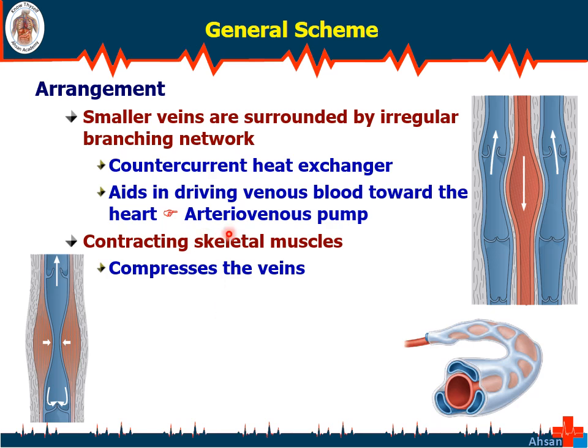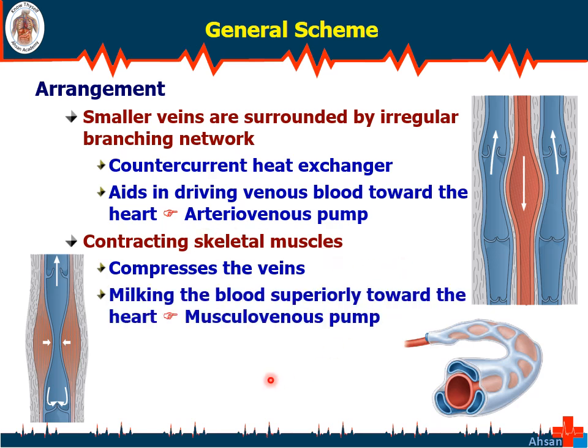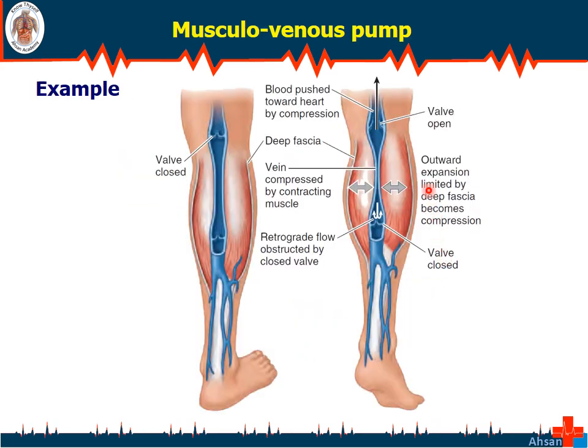So in this way, contraction of the muscle helps in flow against the gravity, and it is known as musculovenous pump. Sometimes it is known as peripheral muscular pump or peripheral heart. You look at this, this is the calf muscle. In it there are very dilated, very large veins.